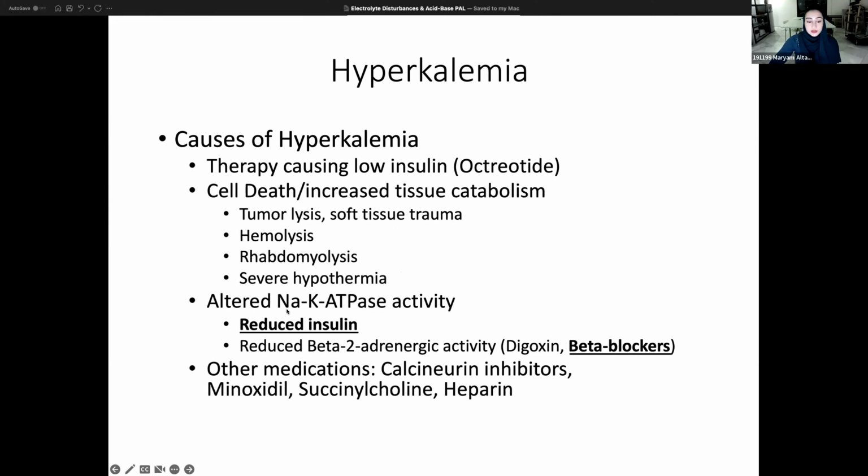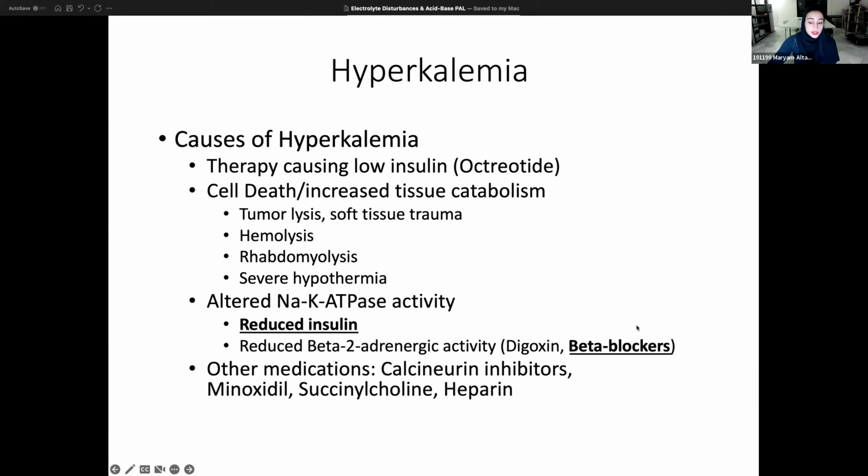And then you have altered sodium potassium ATPase activity. We talked about insulin. Another very, very, very important cause is reduced beta-2 adrenergic activity. So if the patient is on digoxin or the patient is specifically on beta blockers, and this is a good question for them to ask about, so keep insulin and beta blockers in mind.